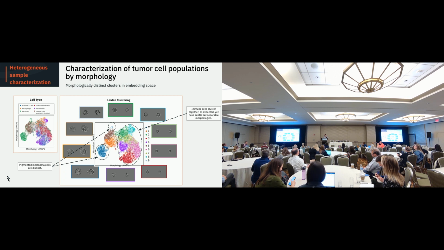This is another example of something that you can see very easily by eye. Melanoma researchers have long known that some cells are pigmented and some are not, but it's not something that's been easy to study because there are no good markers to separate those cells out of the rest of the population. Something that can be done very easily with a morphology-based separation.